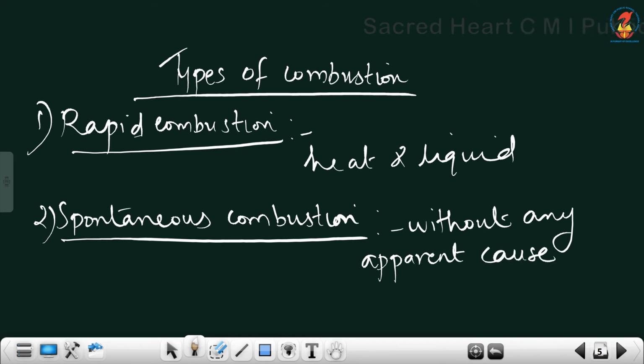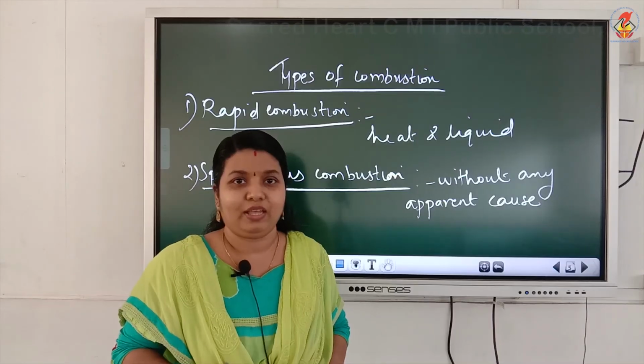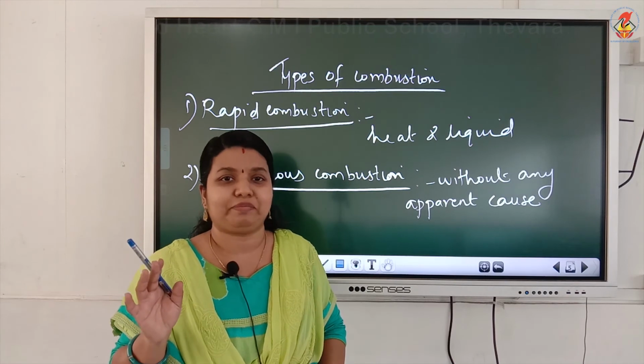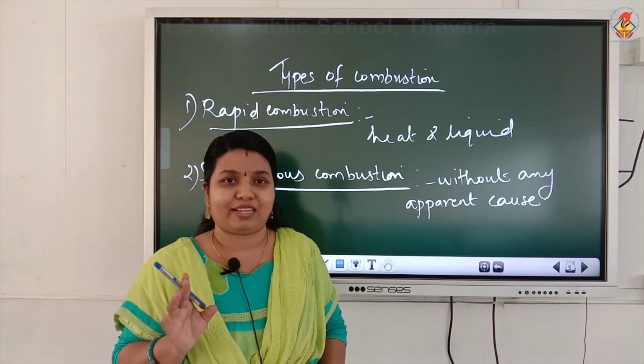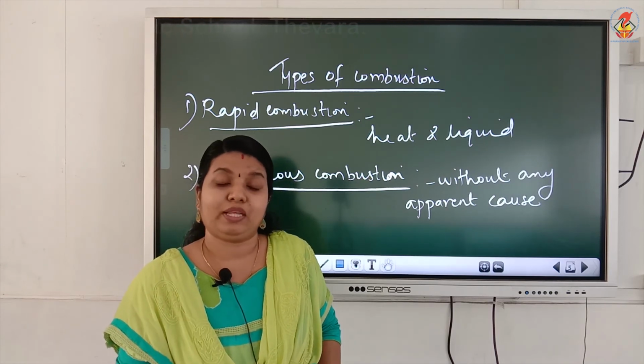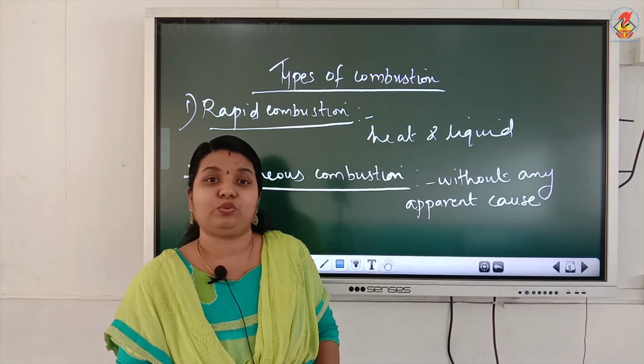Ignition, the heating is not taking place here. When the substance comes in contact with atmospheric oxygen, it starts burning. Such combustion reactions are known as spontaneous combustion. Example is burning of phosphorus in air at room temperature.